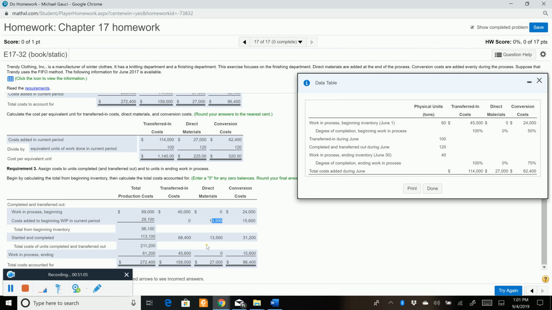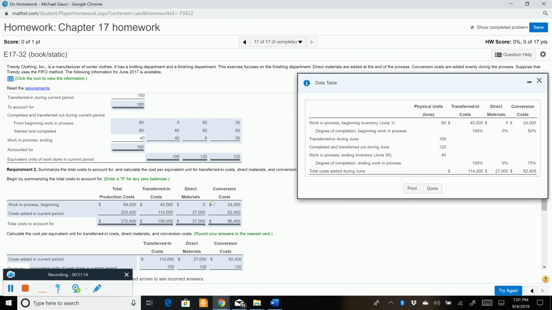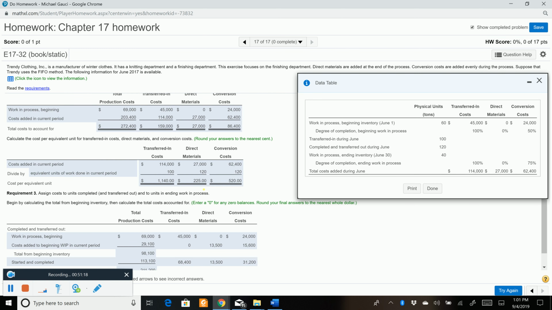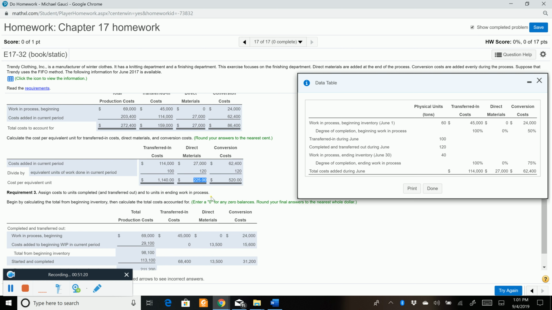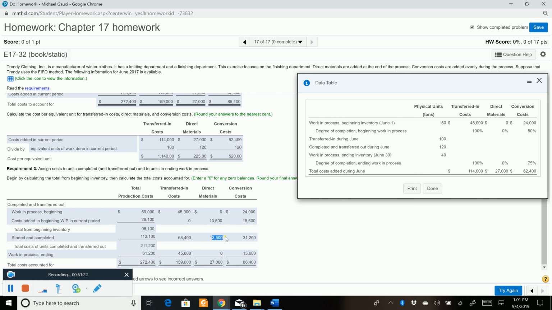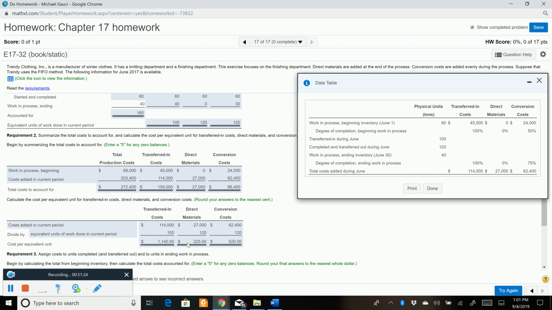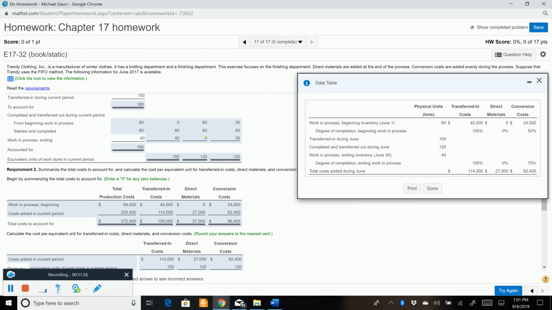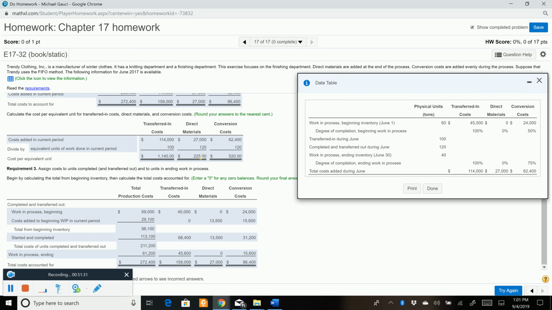And how about the units started and completed? How much is it? Also 60 multiplied by 225. That'll also give you 13,500. And in ending WIP, what is the equivalent units? 0 times 225 will give you 0.